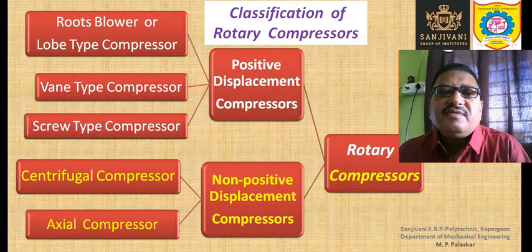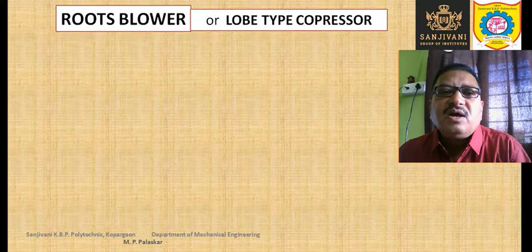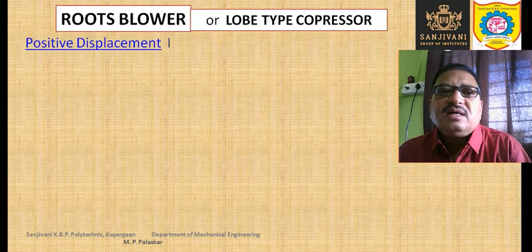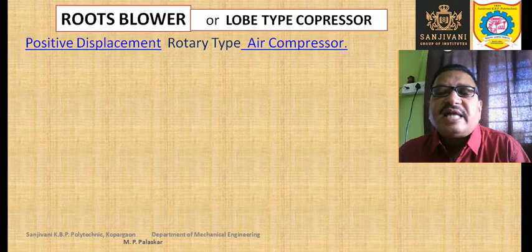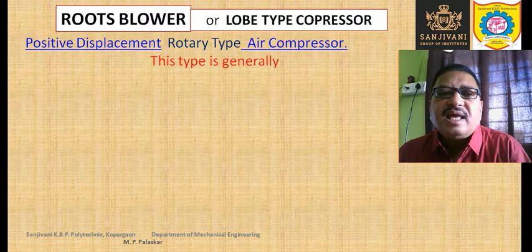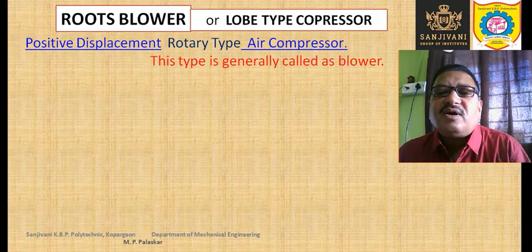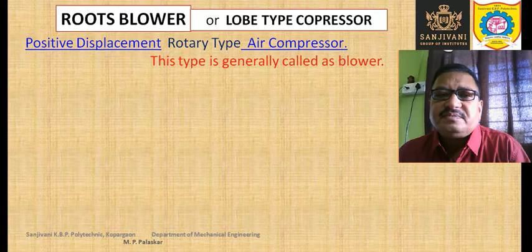First of all, we are going to study the Roots blower or the lobe type compressor. The Roots blower or lobe type compressor is a positive displacement rotary type air compressor, and this type is generally called the blower.